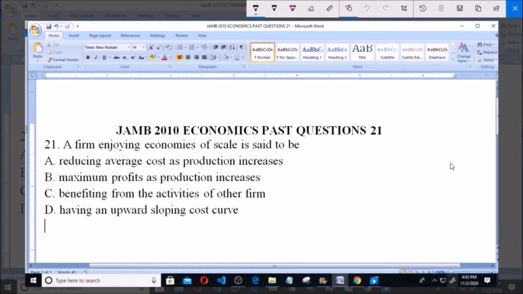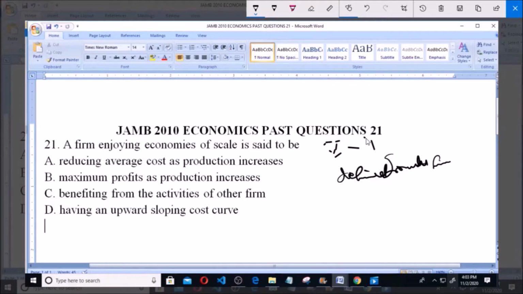Economies of scale can be defined as the growth firms enjoy as a result of expansion of the volume of production capacity, resulting in an increase in output and a decrease in its cost of production per unit.